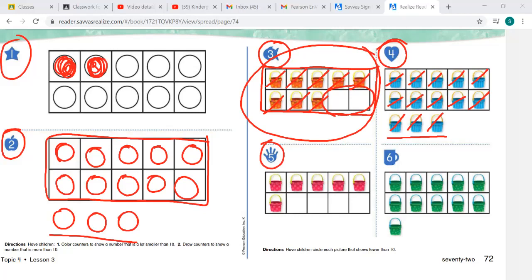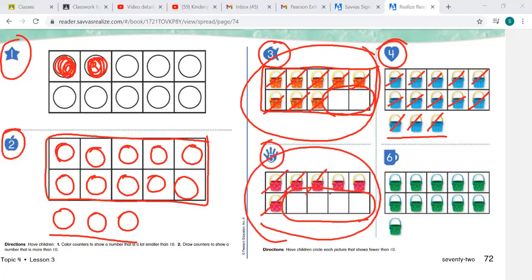Look at number 5. Is this picture showing fewer than 10? Look at the 10 frame. Look at how many empty boxes there are. So this is showing fewer than 10. Let's count to make sure. 1, 2, 3, 4, 5, 6. 6 is fewer than 10.